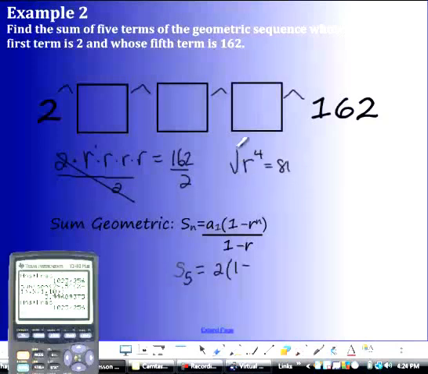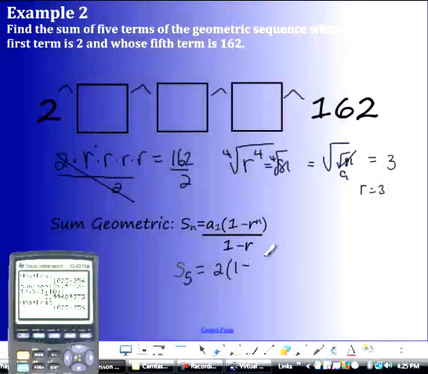And now I have to take the 4th root of 81. A quick way to do the 4th root is, remember, you take the square root twice. So the square root of 81 is 9, and the square root of 9 is 3. All right, so after all that, I figured out r was 3.